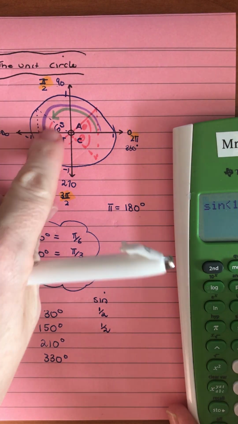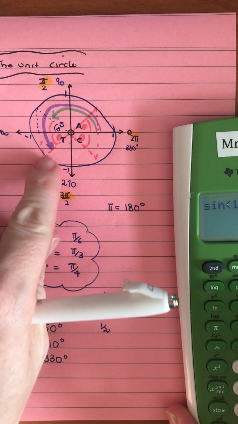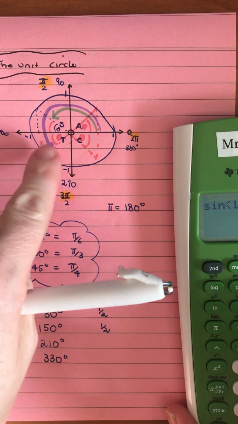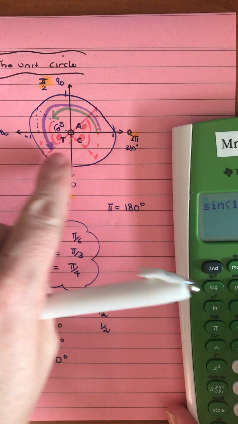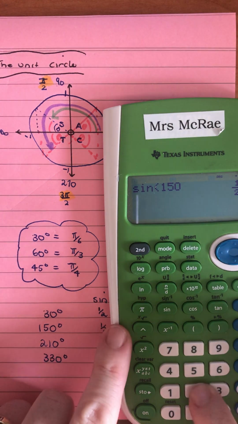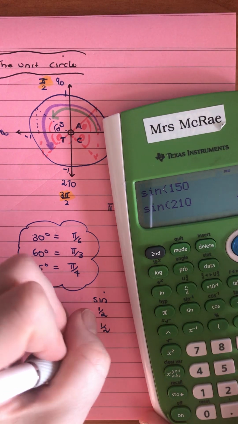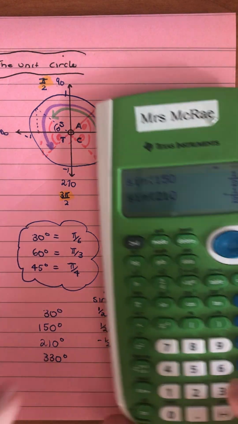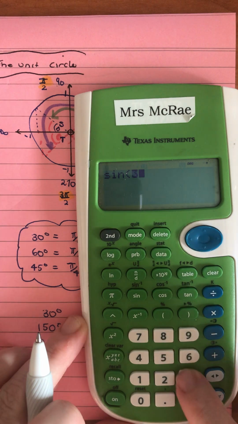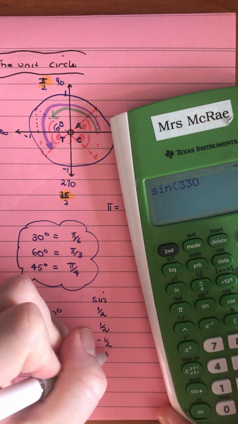Now I did say sine would be positive in that quadrant. Here then, following that pattern, I should get half and half, but both of them should be negative. So let's check. Sine of 210 gives me negative a half. And then if I do sine of 330, I also get negative a half.